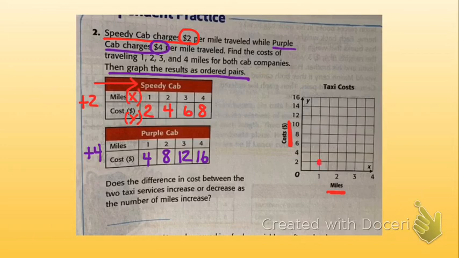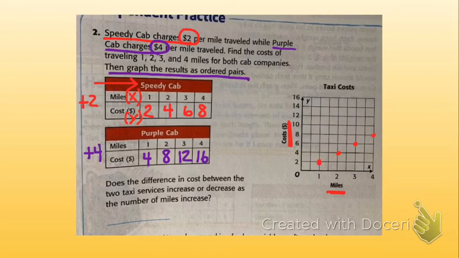I'm going to make a dot. And then we're going to go 2, 4, over 2, up to 4. And then 3, 6, over 3, up 6. And then 4, 8, 4, 8.